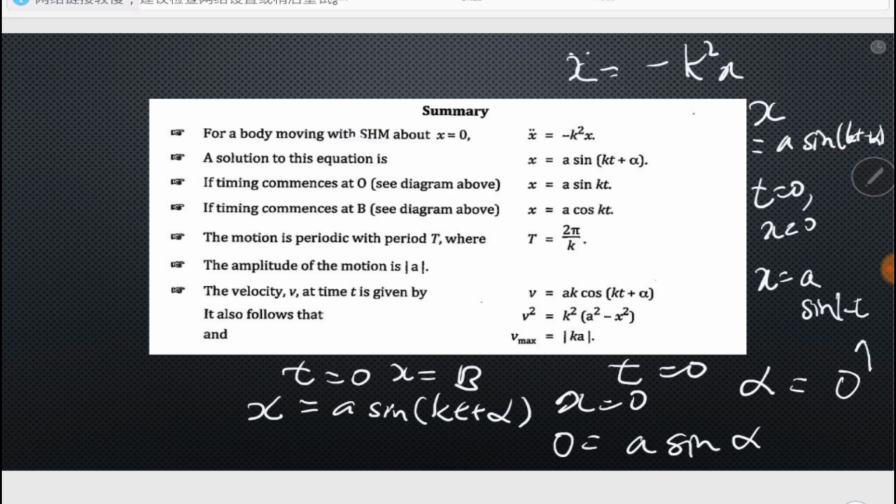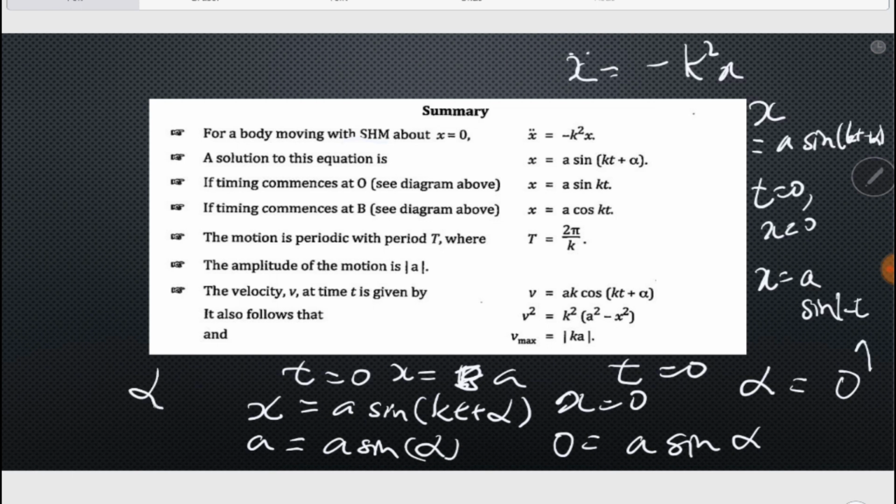If I sub x to be a number, let's say x equals a, then a equals a sine alpha. Hence your alpha is simply pi over 2. And hence you will get x equivalent to a sine(kt plus pi over 2).